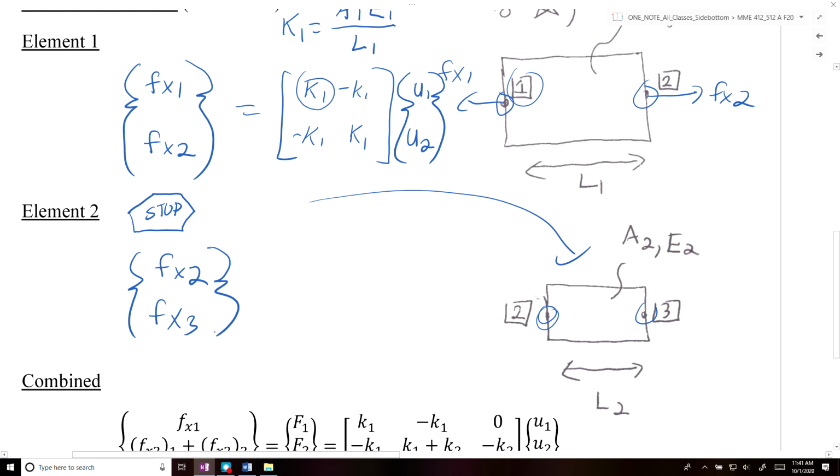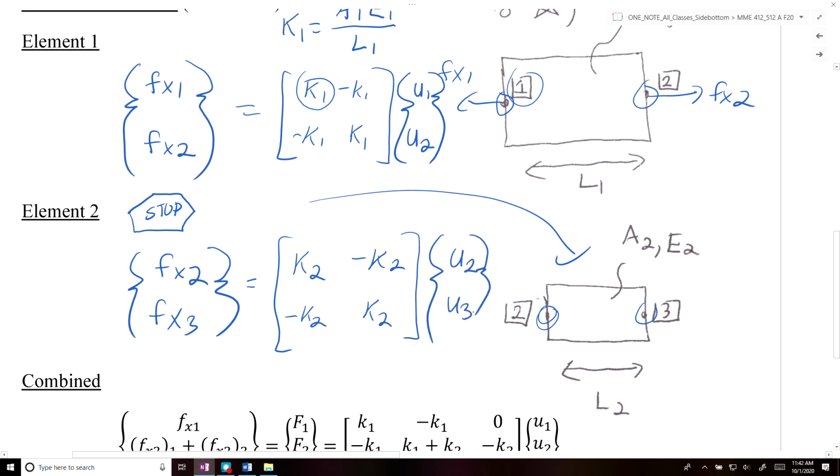Those are our nodal forces, and they're going to be equal to our stiffness matrix for element 2, which is K2, negative K2 on the first row, and negative K2 and positive K2 on the second row, times U2 and U3, where U2 is the displacement of node 2 and U3 is the displacement of node 3.